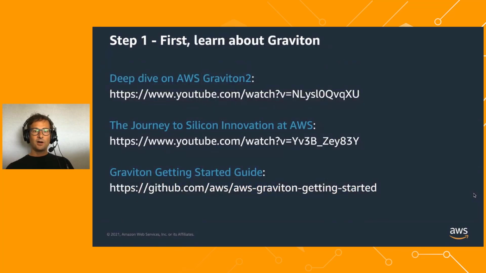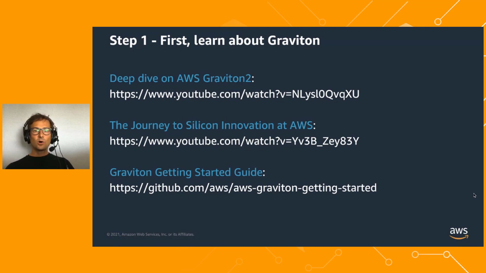Okay, so now you've found a workload, a suitable one. First thing to do, learn a little bit more about Graviton and the overall ecosystem. We've recommended three things to learn more about Graviton. Two videos that we recorded at re:Invent. One is talking specifically about the Graviton-based instances and is going to give you a couple of hints about the different languages, which version to use, how to optimize.